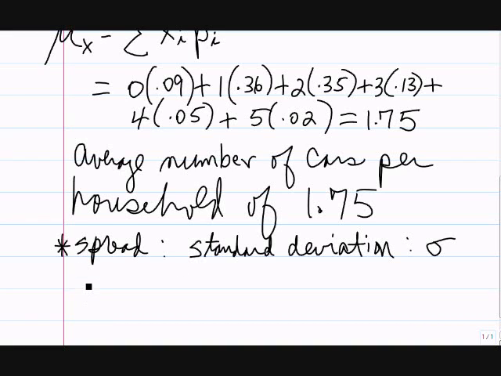All right, so in getting our standard deviation, we're going to get the variance, and the variance is abbreviated sigma squared, because if I just square root the variance, I get the standard deviation.